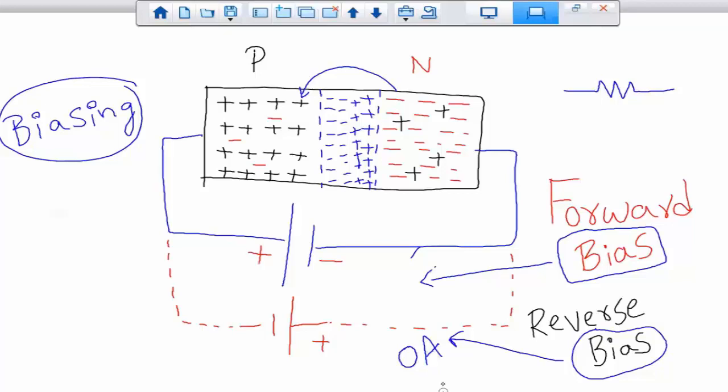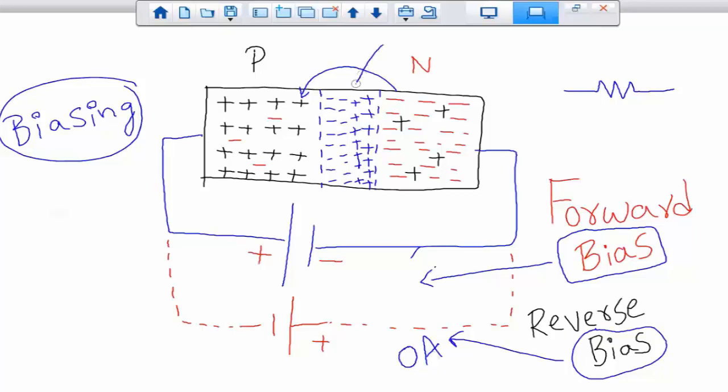The junction will not allow the current when it is under reverse bias. Again, why that happens, we will see. Under forward bias, the junction will allow the current. We will see that as well.